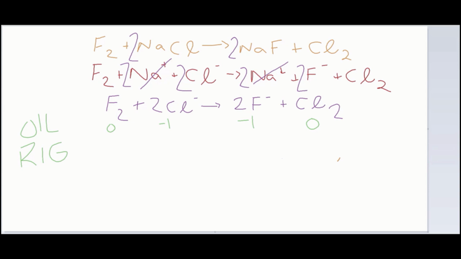Well, chloride goes from -1 to 0, which means it lost an electron, so chloride is oxidized. While fluoride, since it goes from 0 to -1, gained electrons, so it is reduced. And remember, for an oxidation-reduction reaction, or a redox reaction, if one thing is oxidized, the other one has to be reduced.